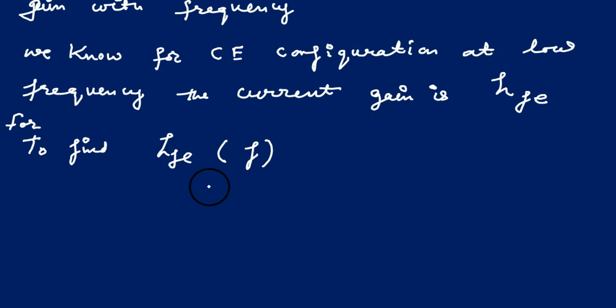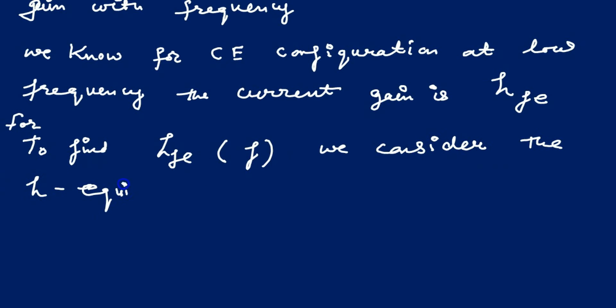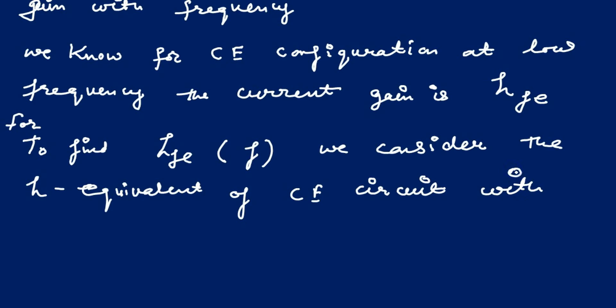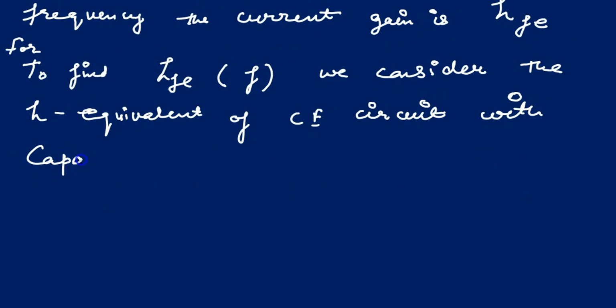So when the frequency is high, HFE becomes a function of frequency. And to draw the equivalent H equivalent circuit, especially at the high frequencies, the capacitive reactances are taken into consideration.